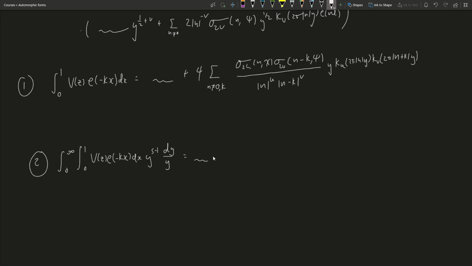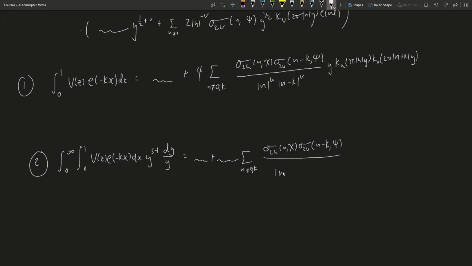and when you do it, you get some junk plus some other junk times this sort of Dirichlet series, n not equal to 0 or k. So it's going to be the Mellin transform of this thing, and you still have this coefficient, sigma 2u n chi sigma 2v n minus k, and then here this n minus k in the denominator goes away.